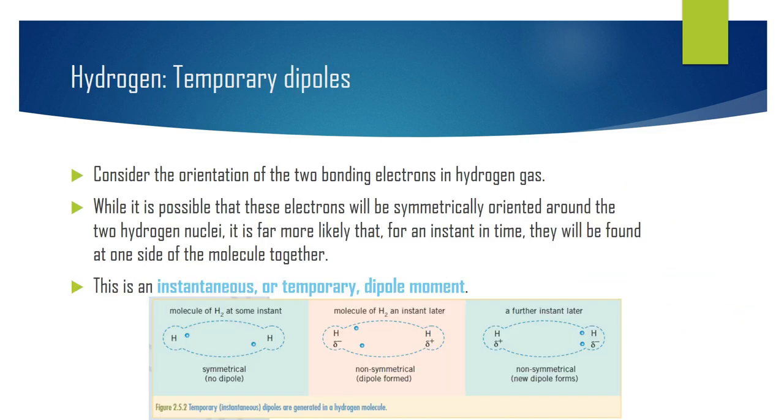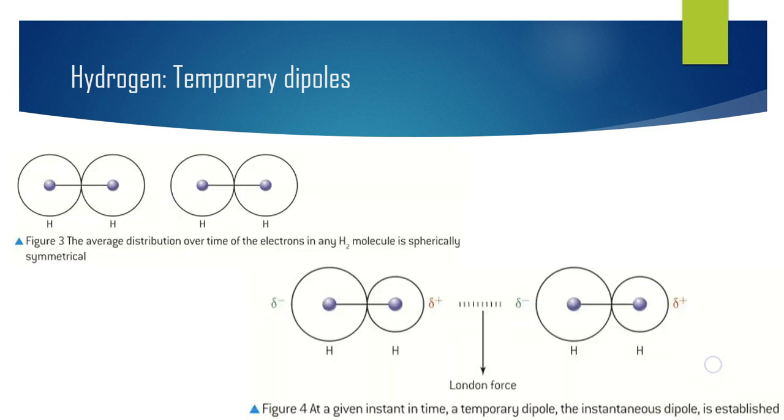If we look at the hydrogen atoms in a molecule, at one instant their electrons can be evenly distributed. At another, they might be all on the left-hand side, and then at another, all on the right-hand side. At these different moments, we would have a dipole present.